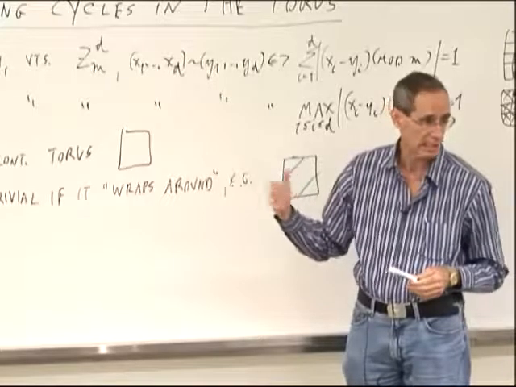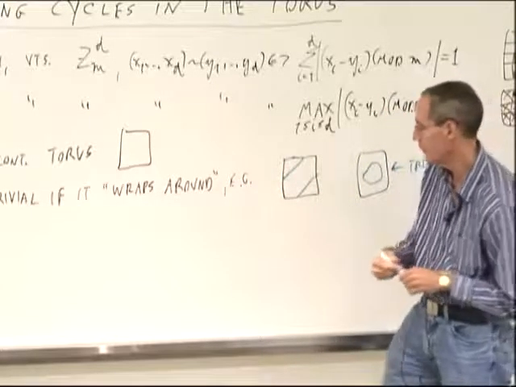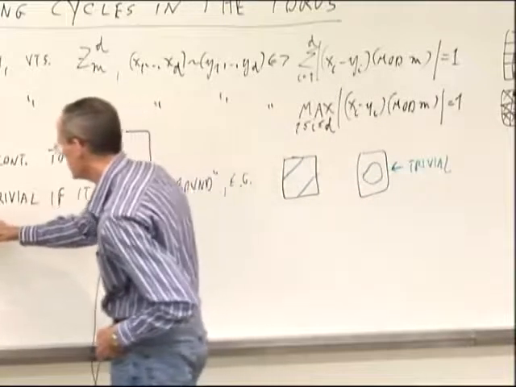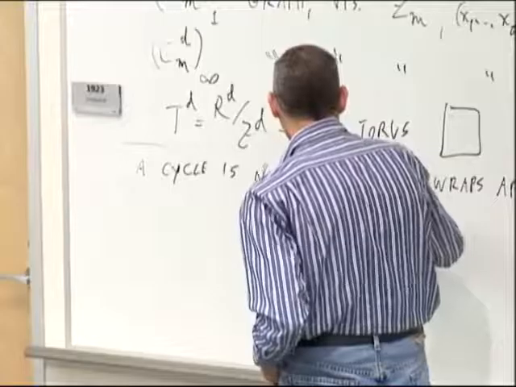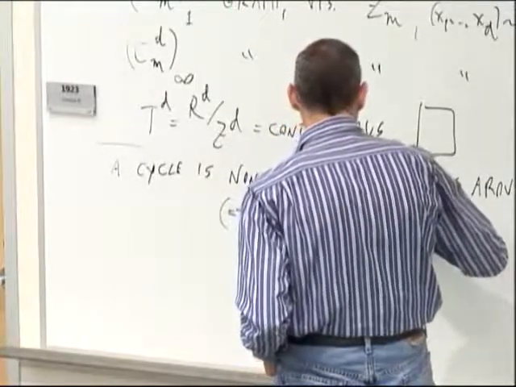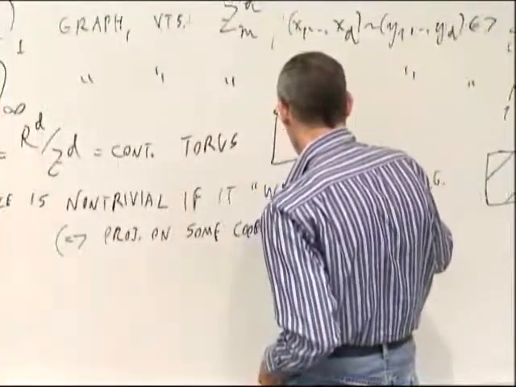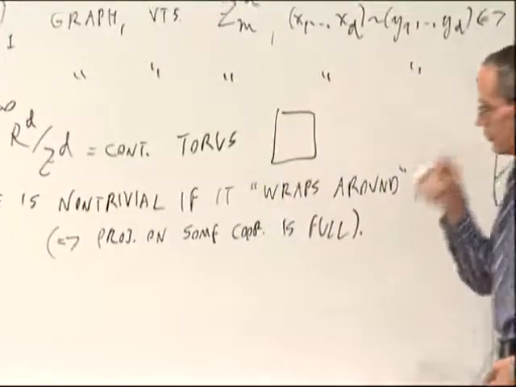This is not an if and only if, but it goes in one direction. If a cycle wraps around, then this implies that a projection on some coordinate, maybe on more than one coordinate, is full. Okay, so this is something that we'll use.